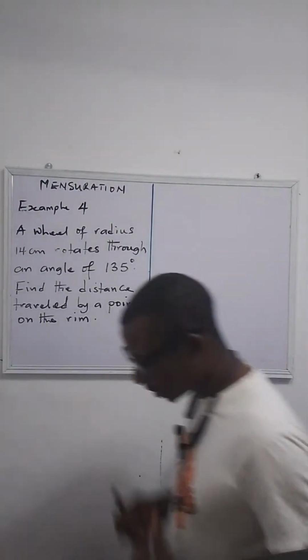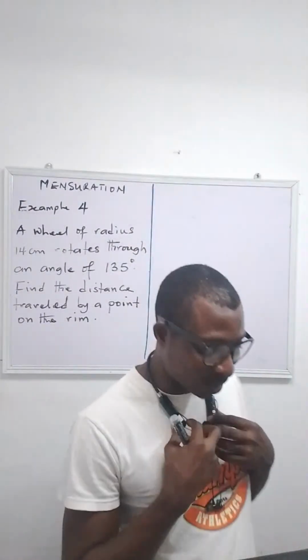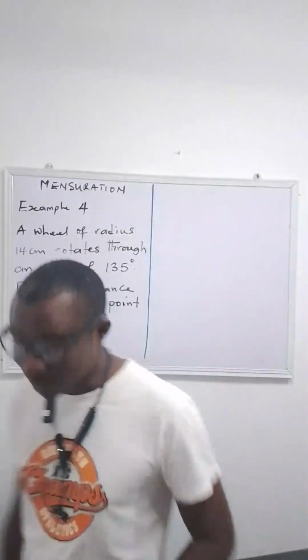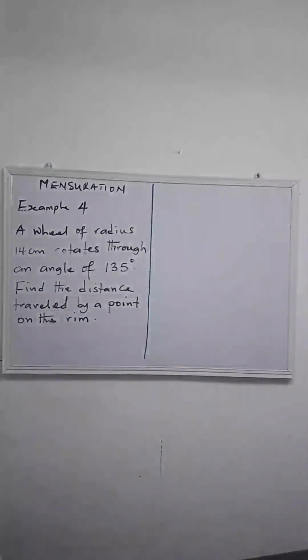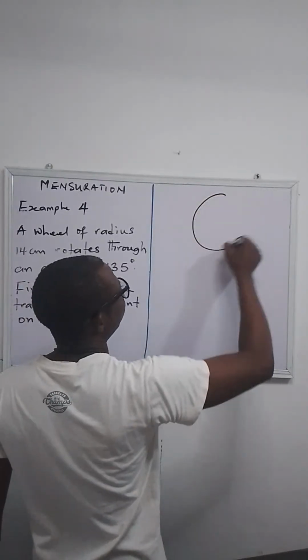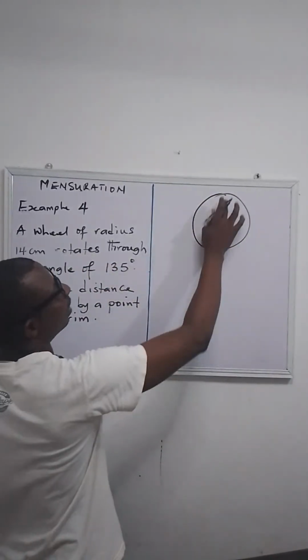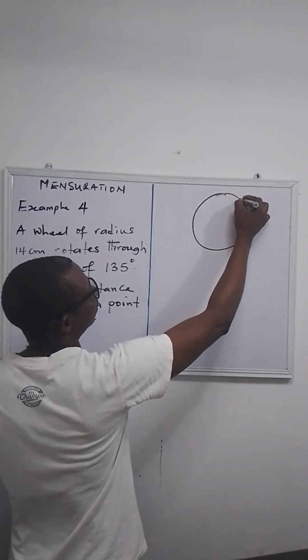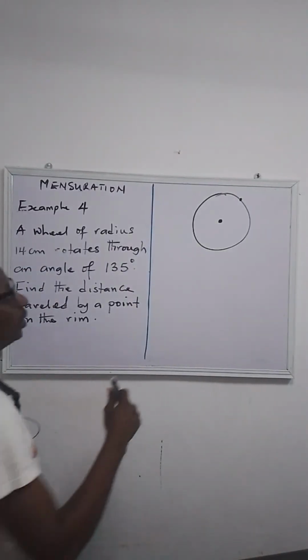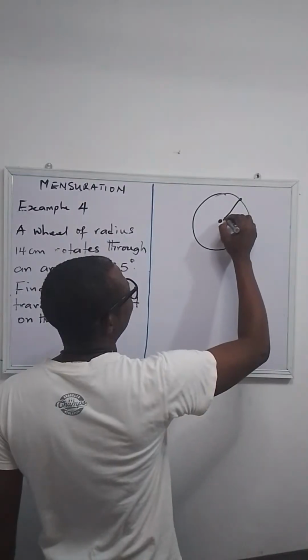Let's see maybe what Infinity gave us is correct. If that is correct, we have to give him a round of applause. That's very smart. Now, a wheel of radius 14 centimeters rotates through an angle of 135 degrees. Find the distance traveled by a point on the rim. Look at it: a wheel has a center and is circular in form, and we have a radius.